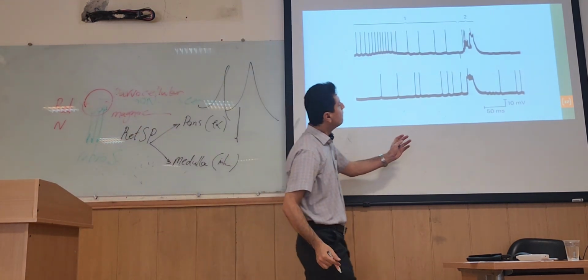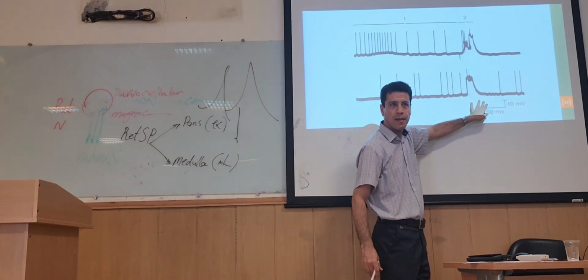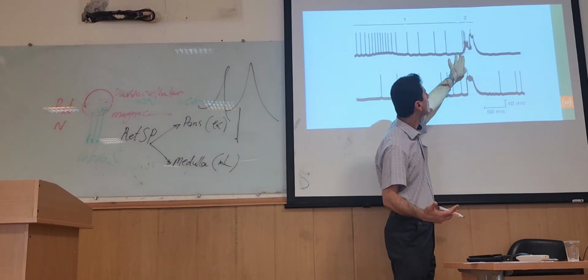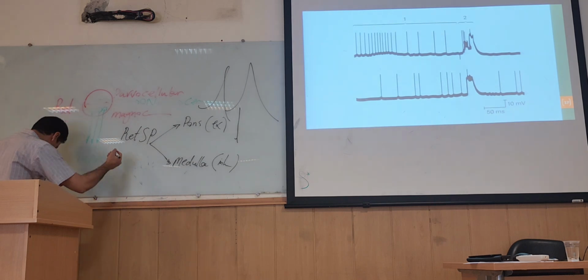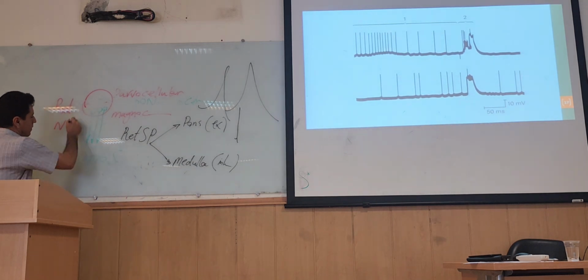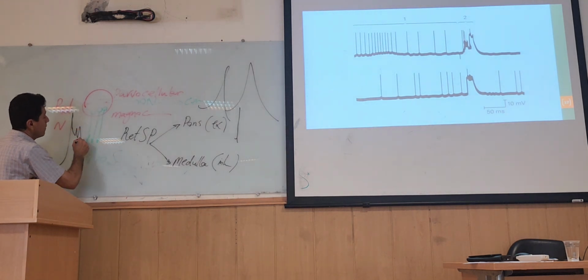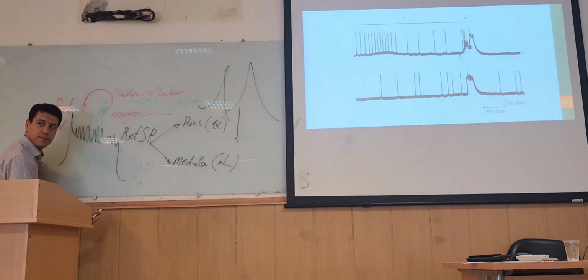But if the climbing fiber activates the Purkinje cell, then the type of the action potential is different. It's like this, or like this. First, we have an action potential like this, but in the repolarization phase, we will have smaller spikes like this.